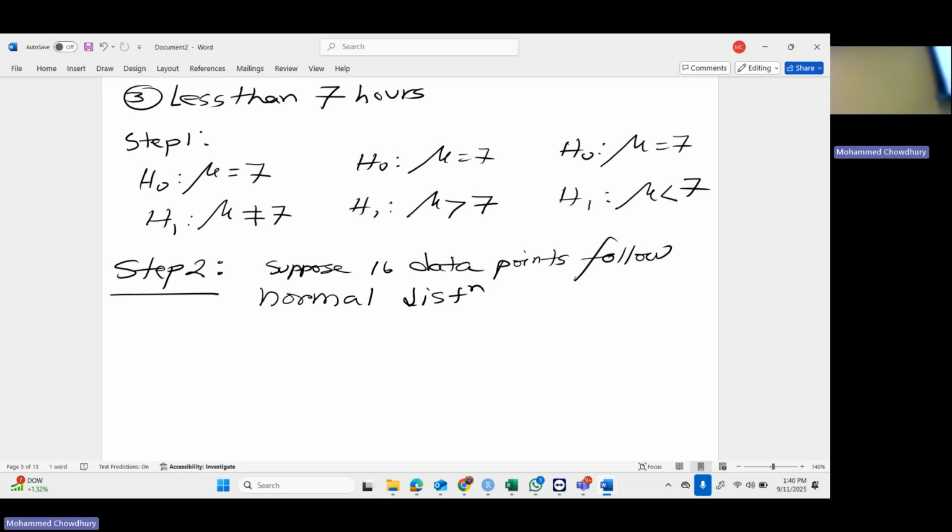What did I say? Suppose those data points follow normal distribution. Or it could be T distribution. Mean test could be done either by normal or T.